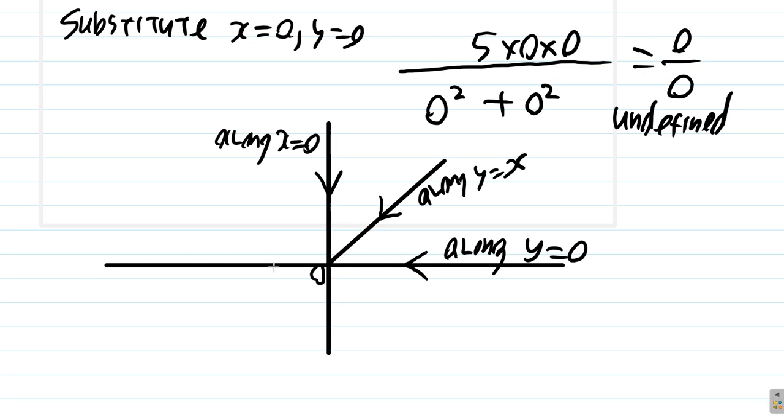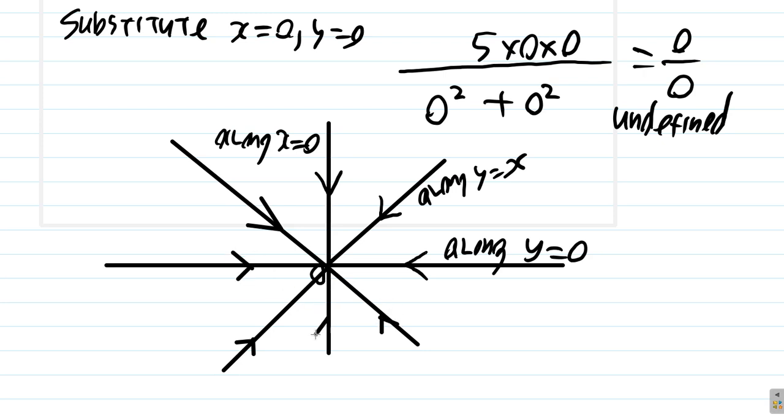Now, if necessary, we could also move towards 0, 0. And remember, we could move towards 0, 0 from this direction too. Now, we really only need to test two approaches.